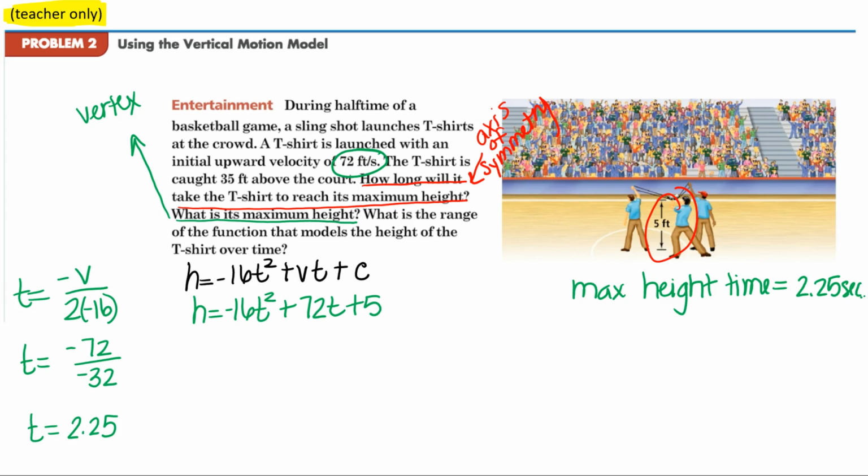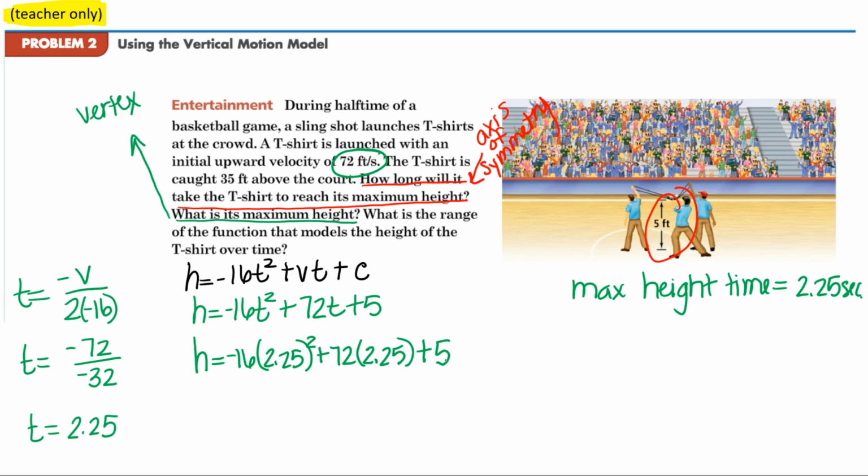To find out what that height is, now I have to take that time and substitute it back in. So my height is negative 16 times 2.25 squared plus 72 times 2.25 plus 5. So again, we worked on this, put this in our calculator.